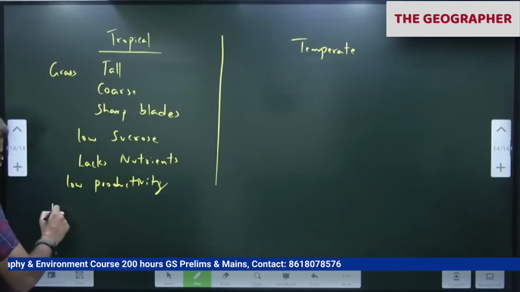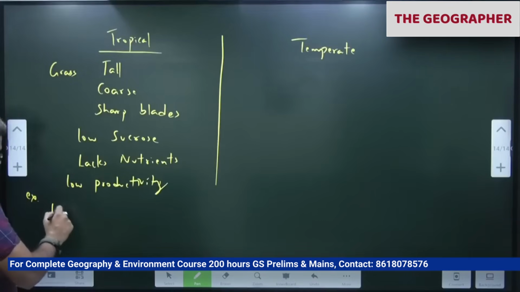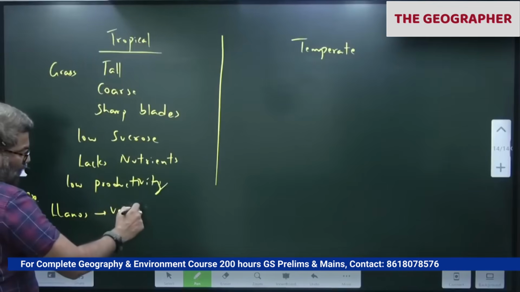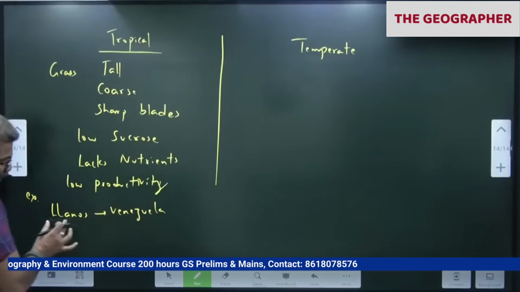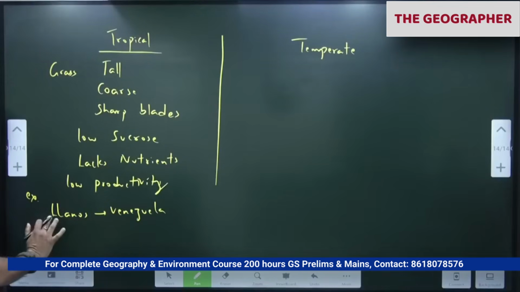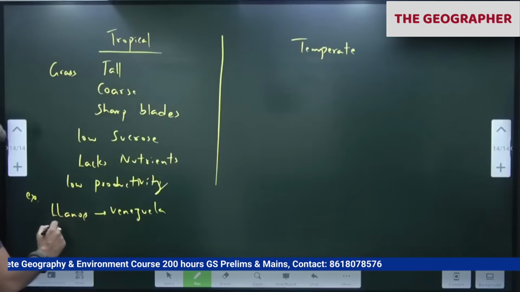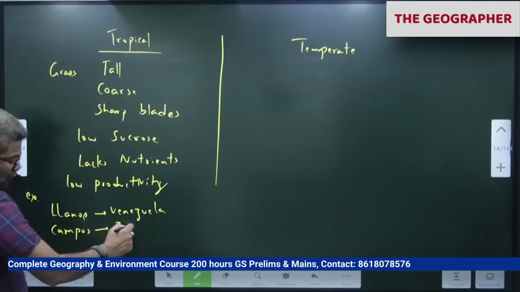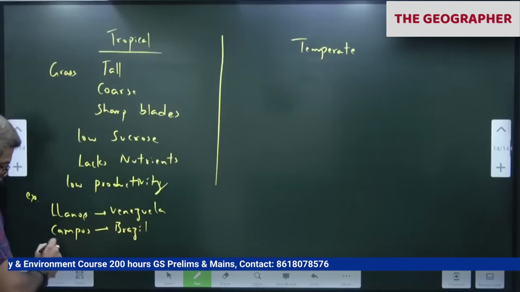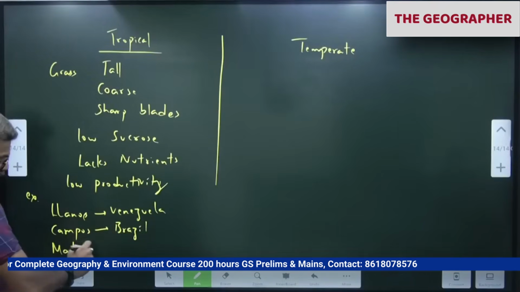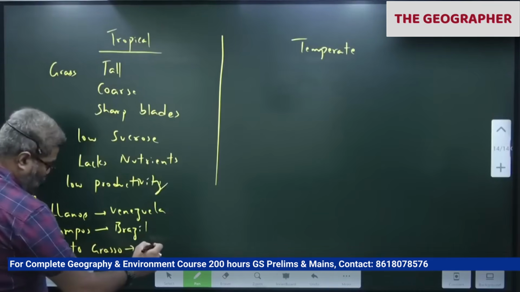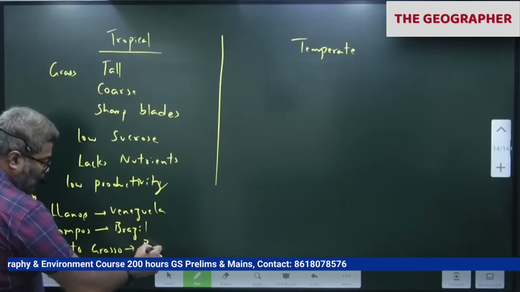Places are examples, right? Llanos, Venezuela. It's pronounced as Llanos. Double L A N O S. Campos, Brazil. Mato Grosso. Brazil and Argentina.